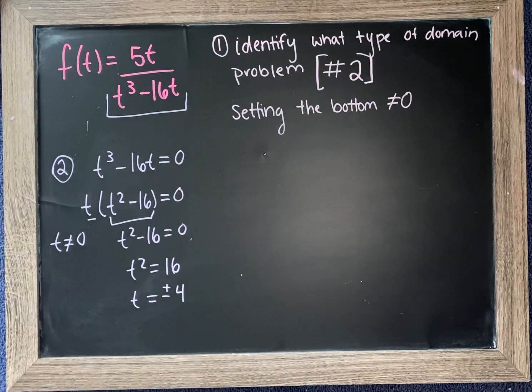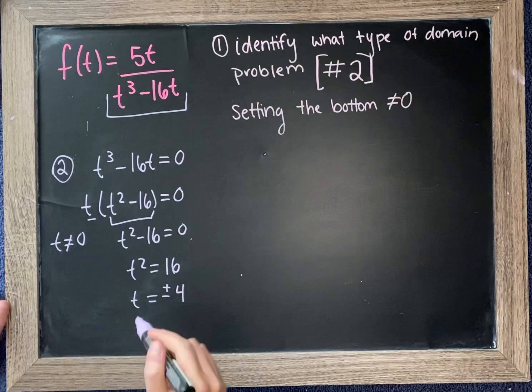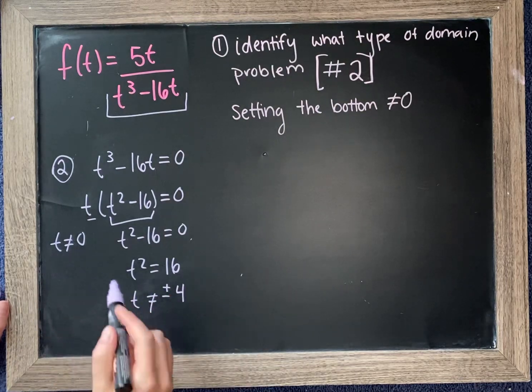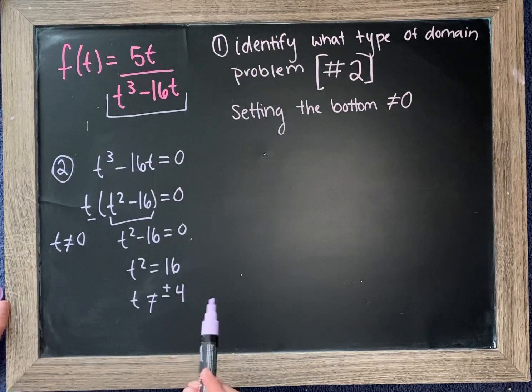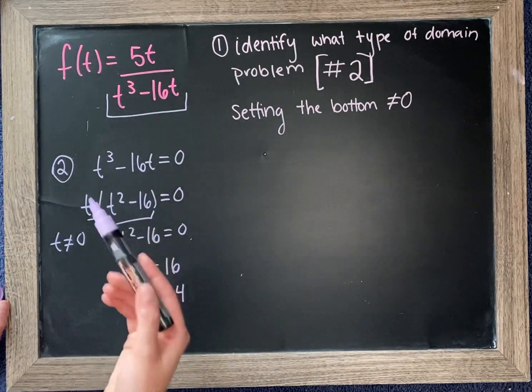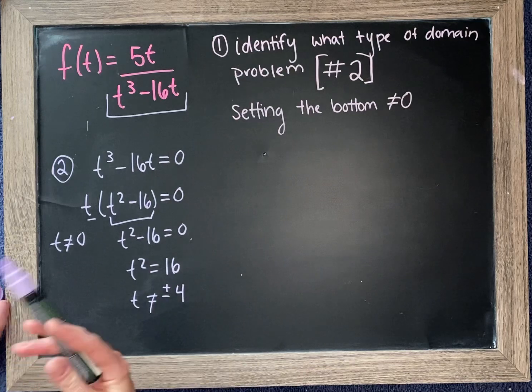All right, so now that we solved the equation and we found what values of t would make the denominator equal to 0, we have to make sure to exclude those from our domain.